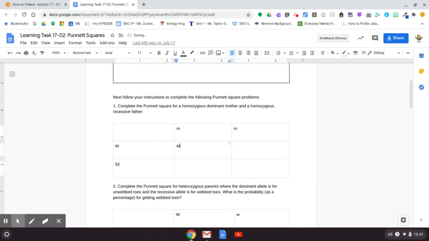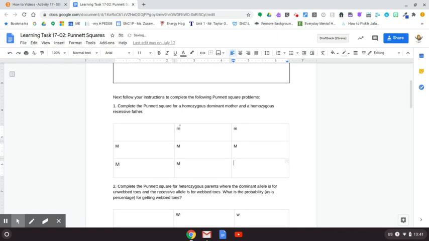Mom can only give a big M. So if we go through, mom can give this big M, or she can give this big M. So assuming these are the children, child 1, 2, 3, 4 that could result.